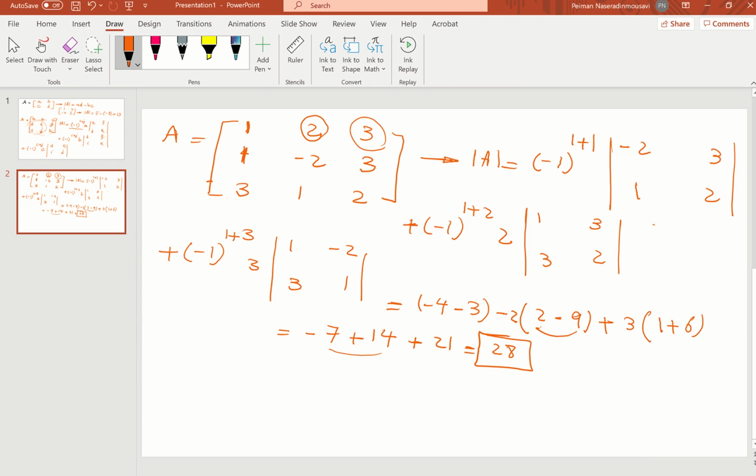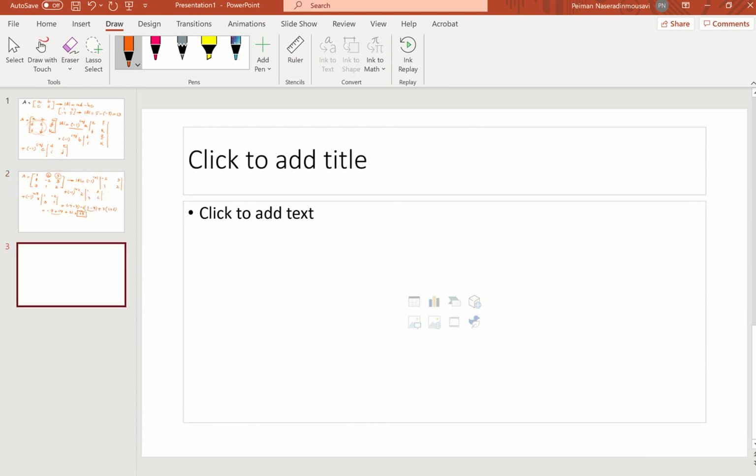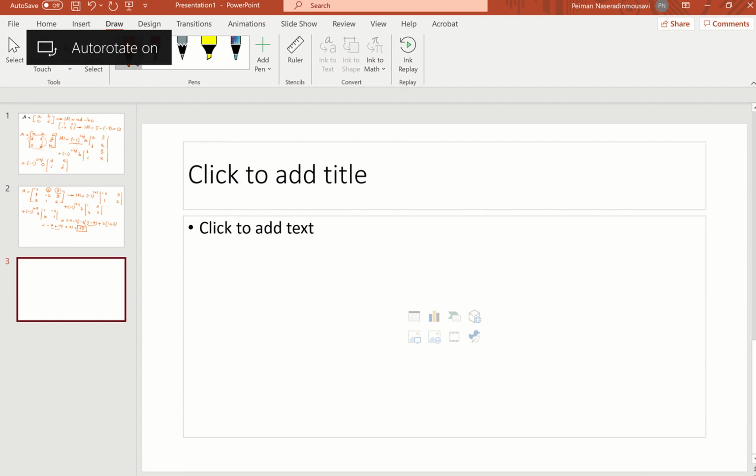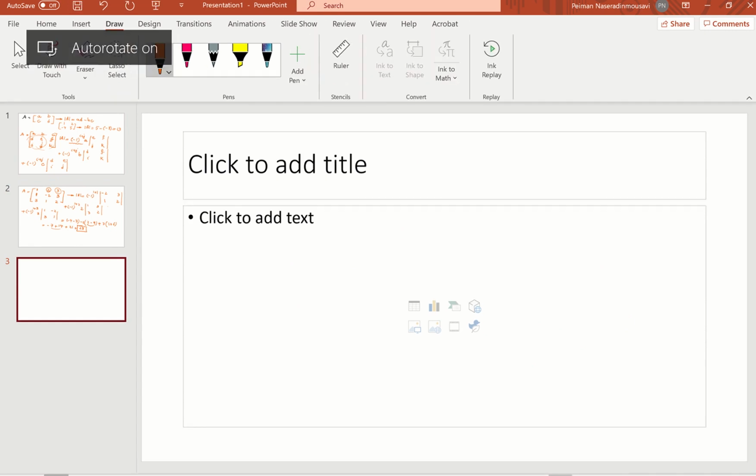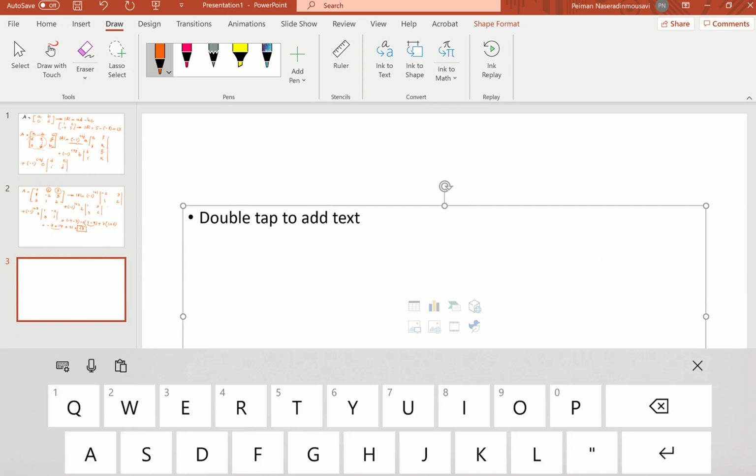So now guys, I want to connect what I'm teaching in this class with part 5. Look at this matrix.